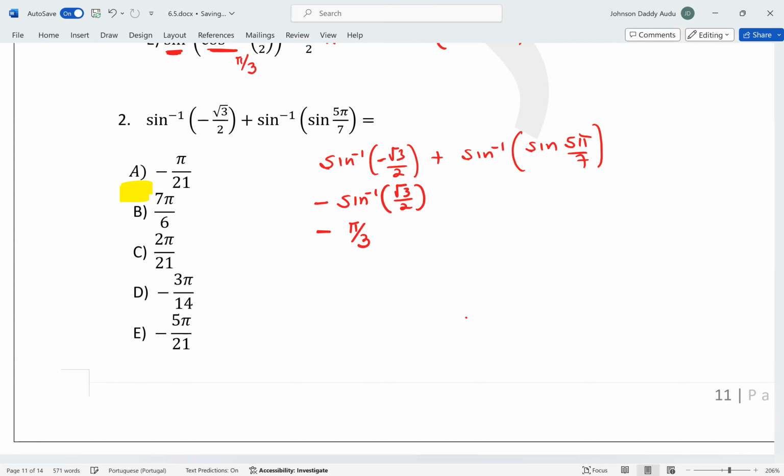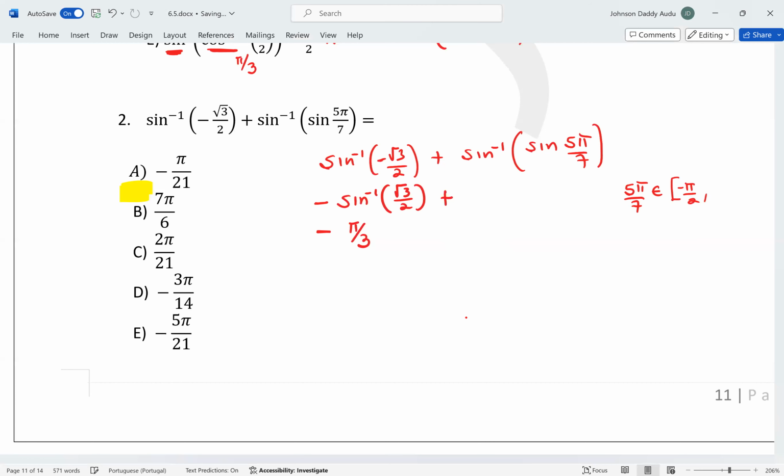So plus, this one we have to check. This is sine inverse of sine of 5 pi over 7. We just have to check if 5 pi over 7 is in the domain of sine. What is the domain of sine?